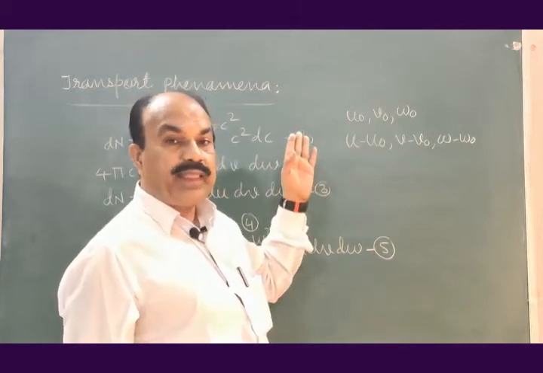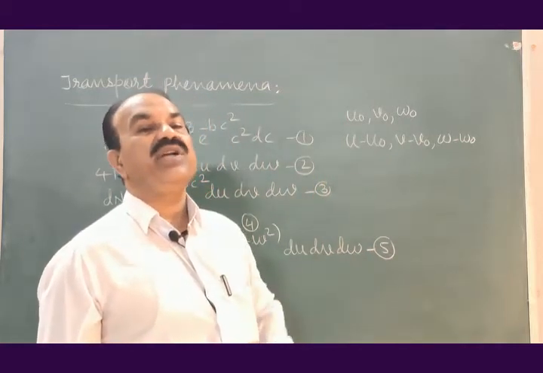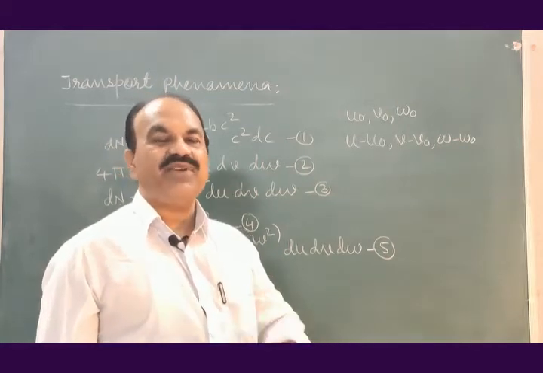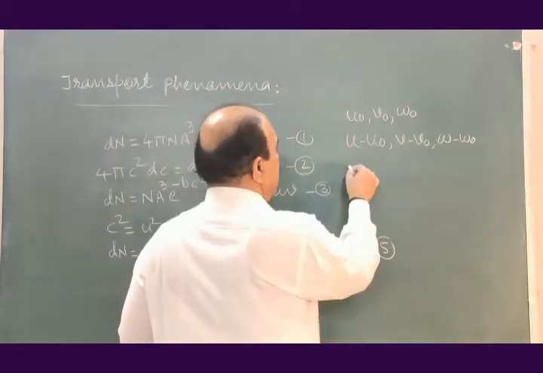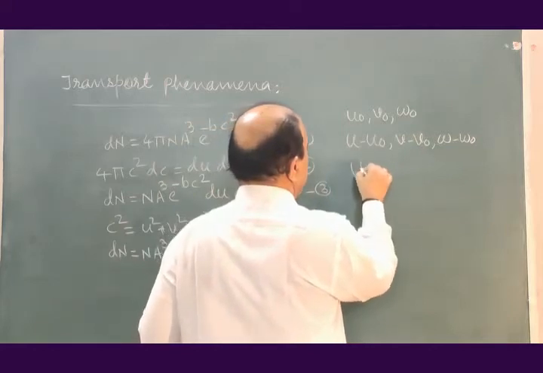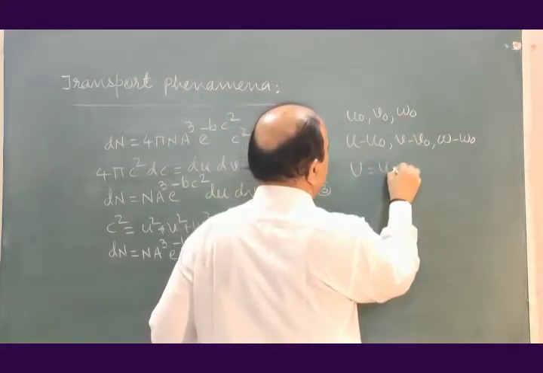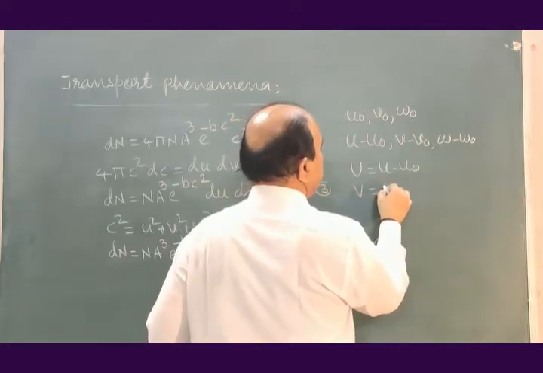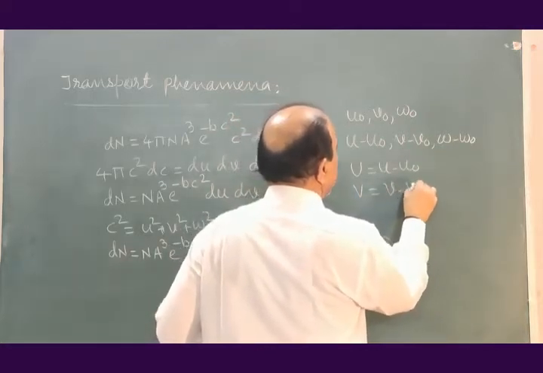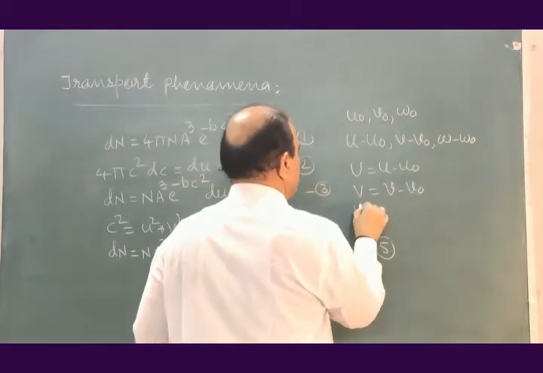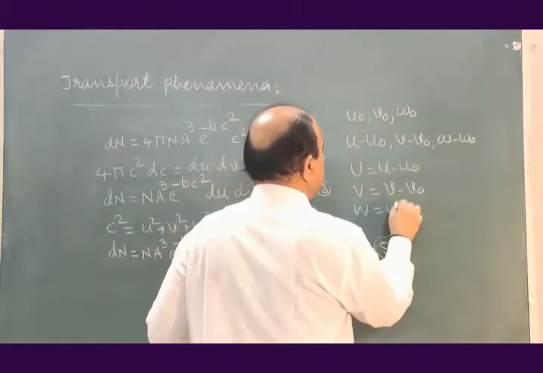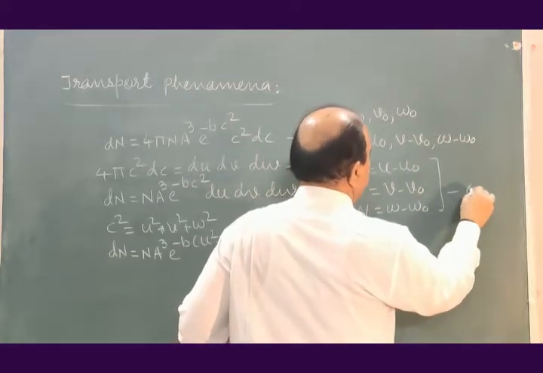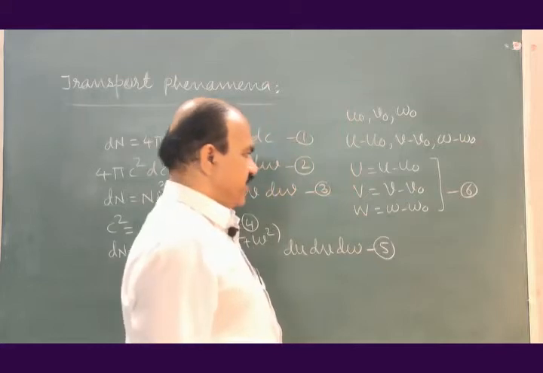The thermal velocity components without mass velocity components are given by capital U equal to u minus u0, capital V equal to v minus v0, capital W equal to w minus w0, equation number 6.